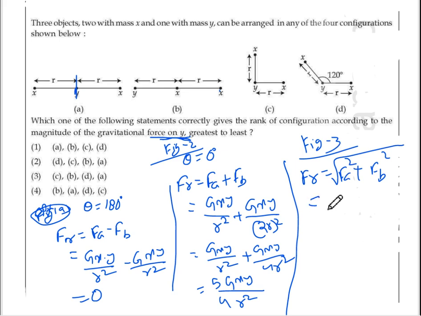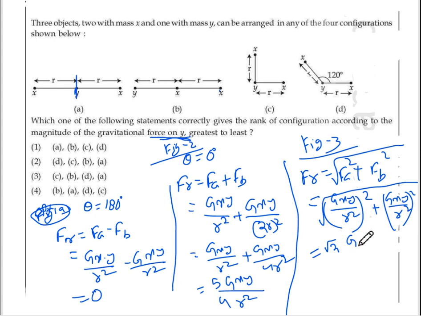So putting in the same values, it will be root over G x y by r square whole square plus G x y by r square whole square. If I solve it, it will be root 2 into G x y by r square. Root 2 value is 1.4, so 1.4 G x y by r square. Compared with this, the option 2 value is 5 by 4, which is 1.25 also.